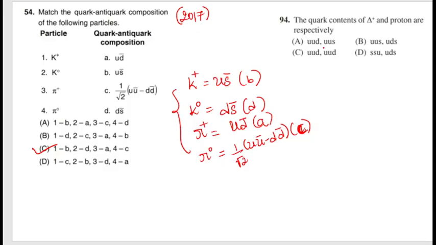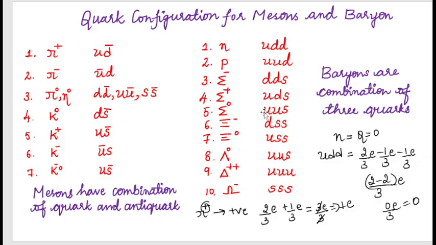We will be moving on to the next question, which was asked in the year 2020. Recently, it asked for the quark contents of delta positive and proton. Delta positive is a baryon and proton is also a baryon. They have asked about the proton a second time, I think. Let us move back to the third slide.